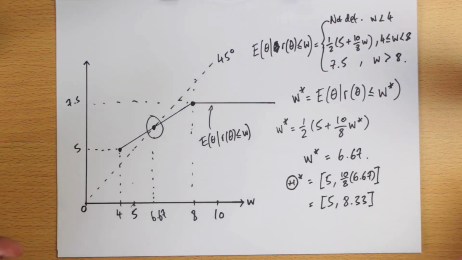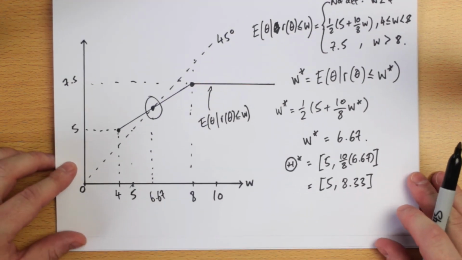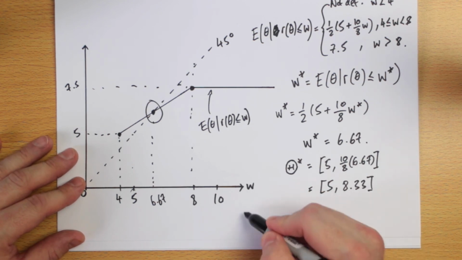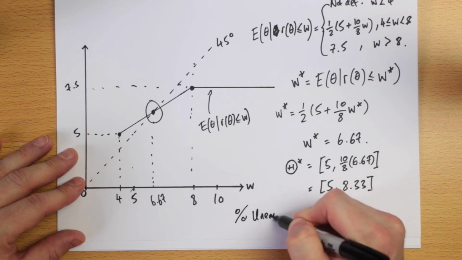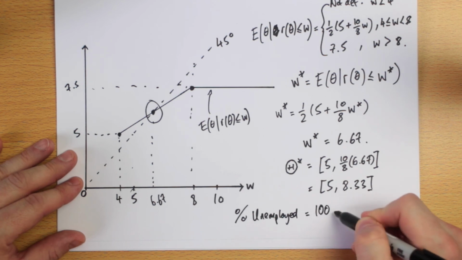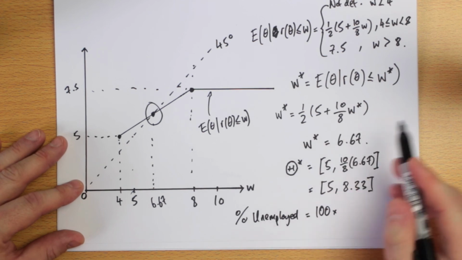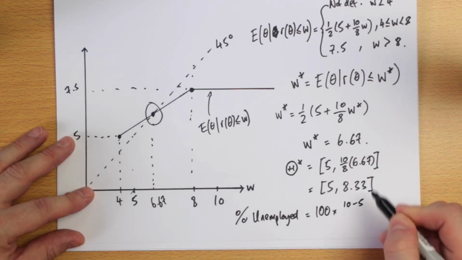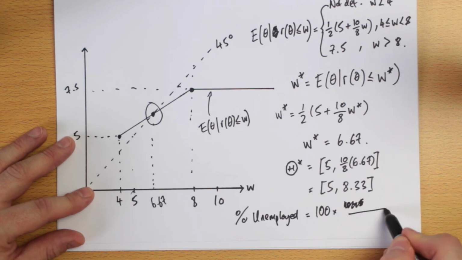Okay, so again, now that we've found the results, let's make some comments on these results. So there is unemployment. What percentage are unemployed? We could calculate it as 100 times this fraction. The length of the total interval is 10 minus 5, and that goes on the bottom.